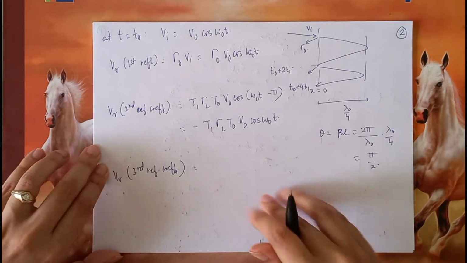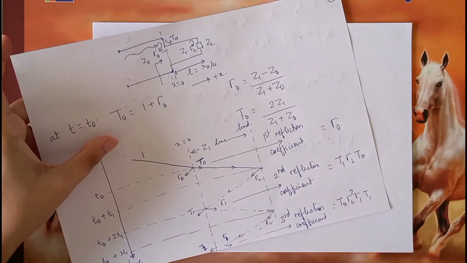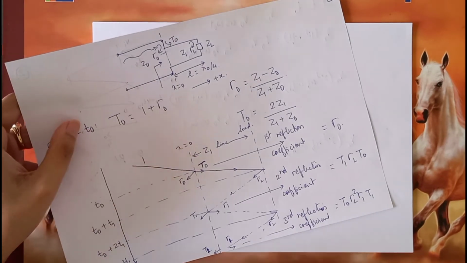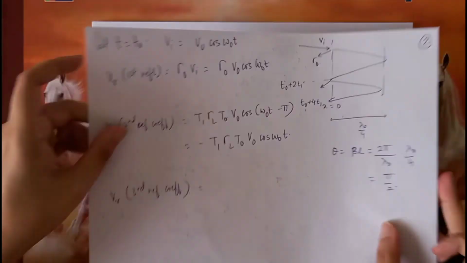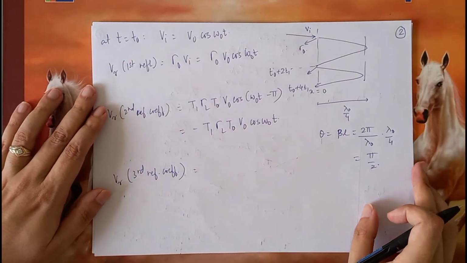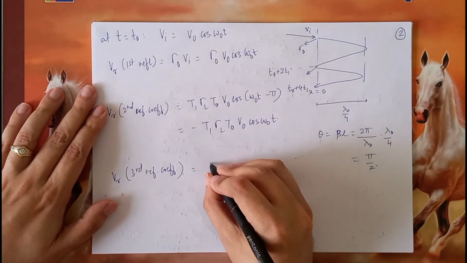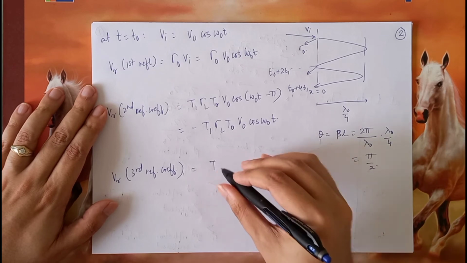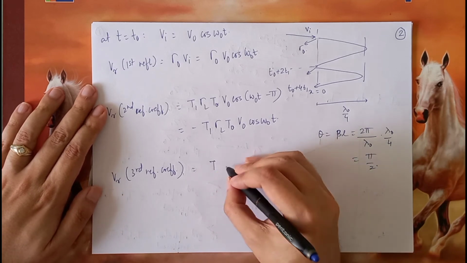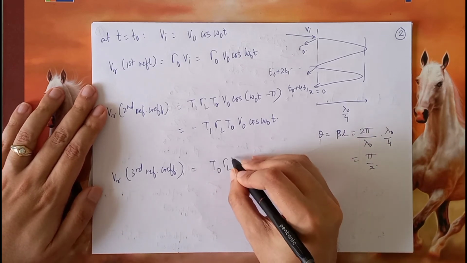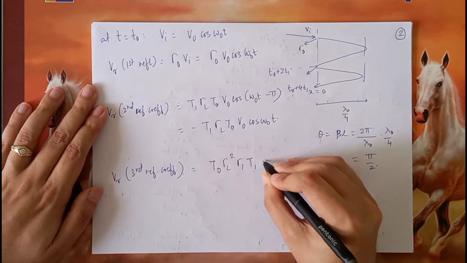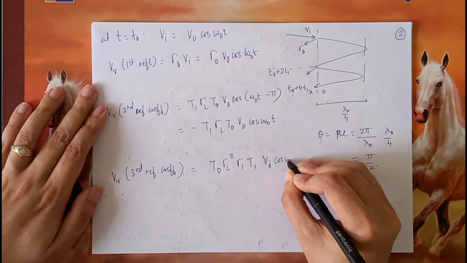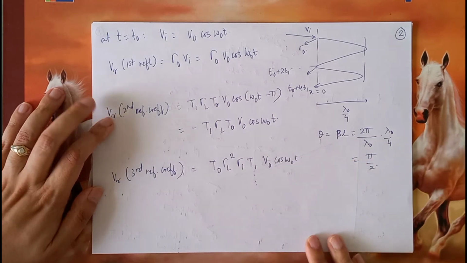Therefore, now we can directly put this coefficient and multiply it with the input. That is T0 gamma L square gamma 1 T1. So that will be T0 gamma L square gamma 1 T1 times V0 cos omega 0 t, and so on.